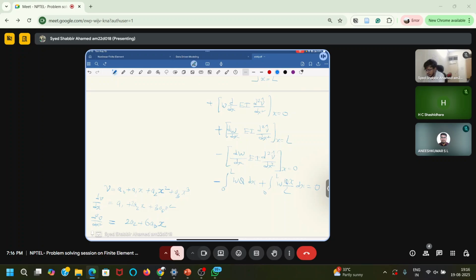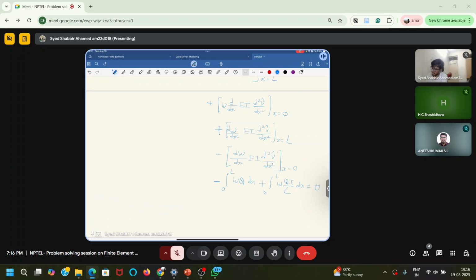This is not a constant, right? So it is varying with respect to x. So let's take some function v which has four constants, because we had a naught, a1, a2, and a3, right?